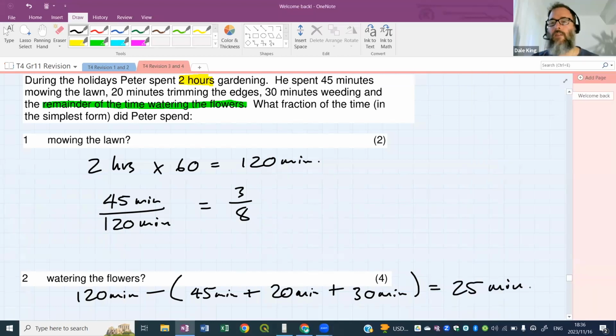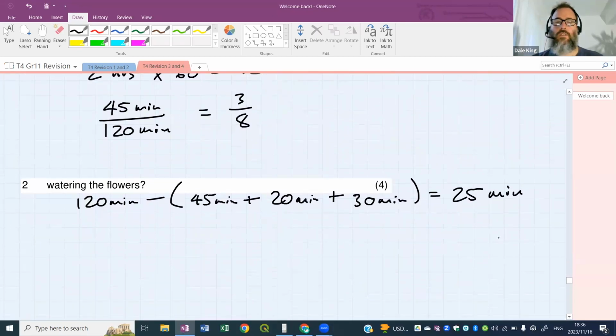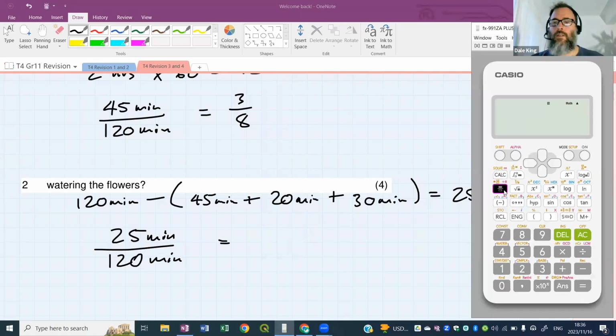Now, if they just gave you the 25 minutes, that's easy. You just throw it into the fraction. But they didn't give you the 25 minutes. They made it a little bit more complex for you, but you guys can handle it. So it's 25 minutes out of 120. Put that on our calculator.